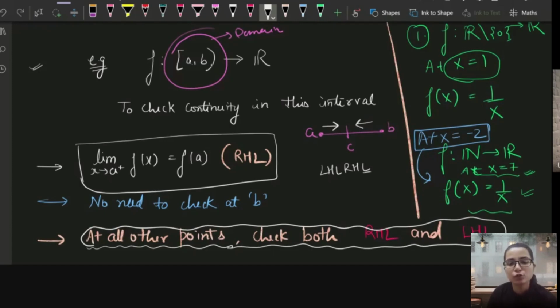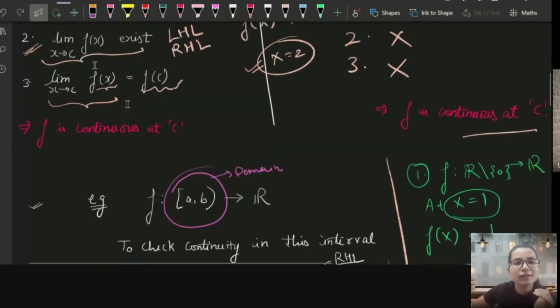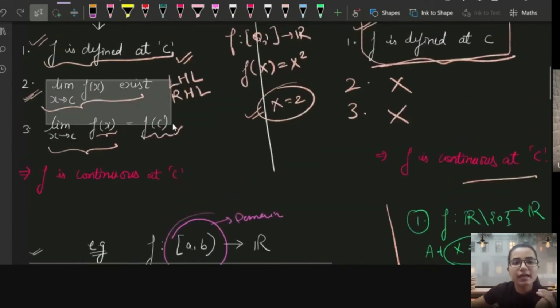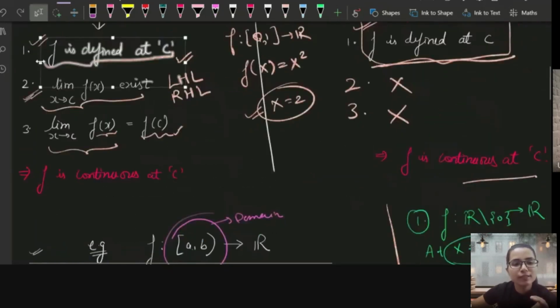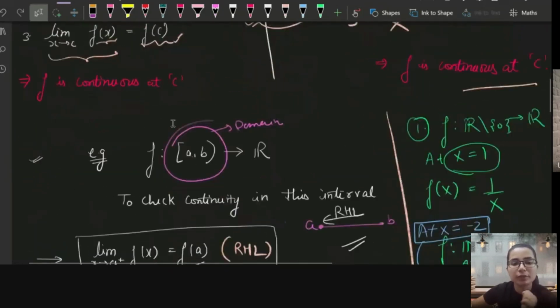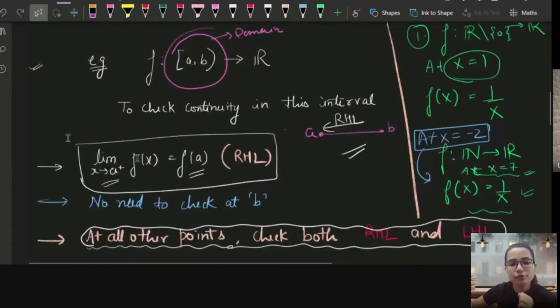There are no points of the domain to approach A. So you can only check the right hand limit for A. Okay, so for A, we'll check whether the right hand limit is equal to the functional value or not. These are the things you'll do after you have confirmed that the limit exists and the function is defined at that point. So after checking those two points, you'll check the third one, that the right hand limit equals the functional value.